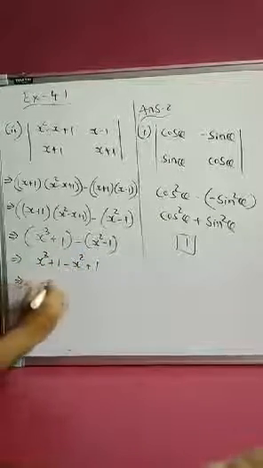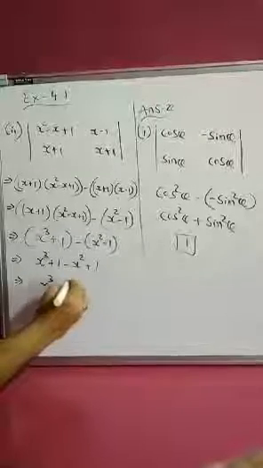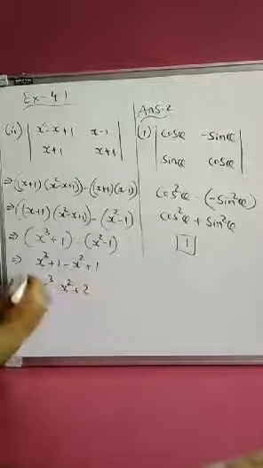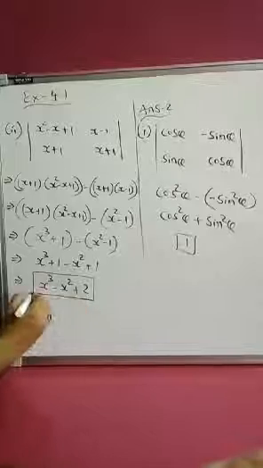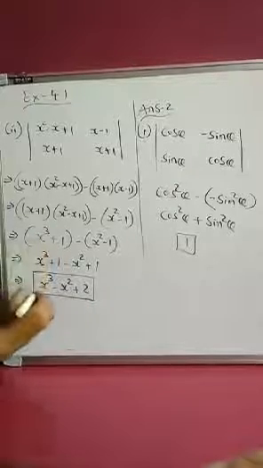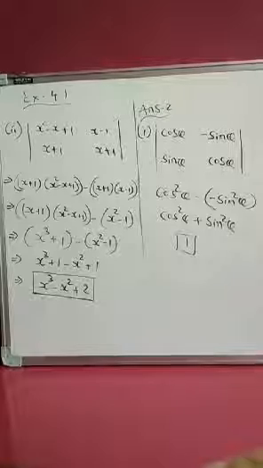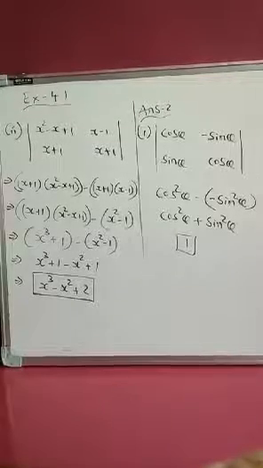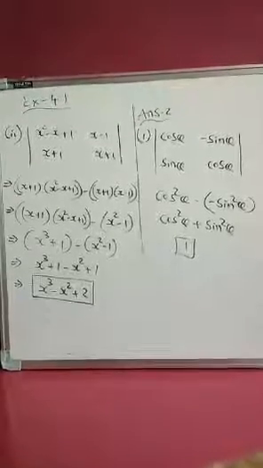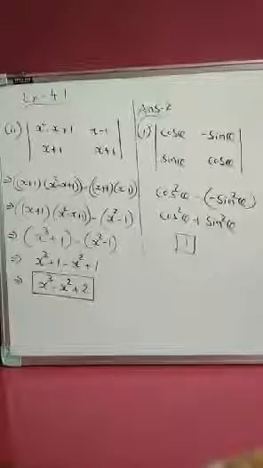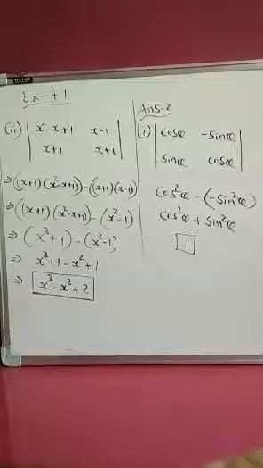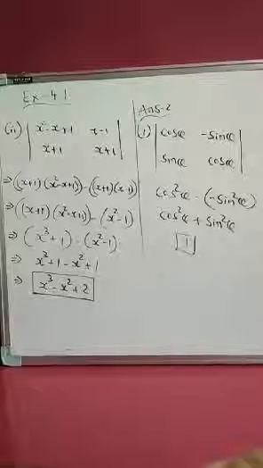So our answer is x cube minus x square, and 1 plus 1 is 2. So this is our required answer: x cube minus x square plus 2. I hope this answer is clear to you. You can take a screenshot of this.